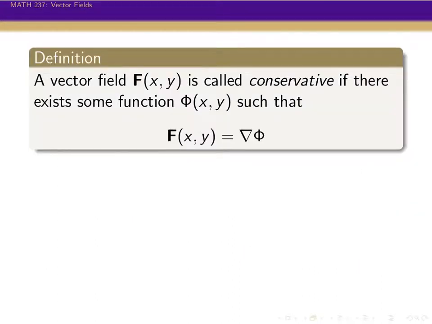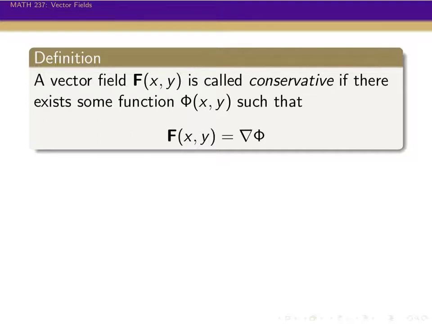And so we're going to say that a vector field f is called conservative if it is the gradient of some function. So if for our vector field we can find some function phi such that f is the gradient of phi, then that means f is conservative. If you're familiar with the idea of conservative forces from physics, this is completely analogous.